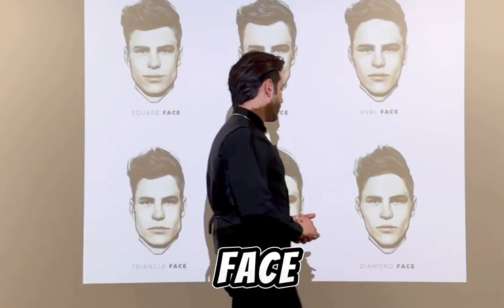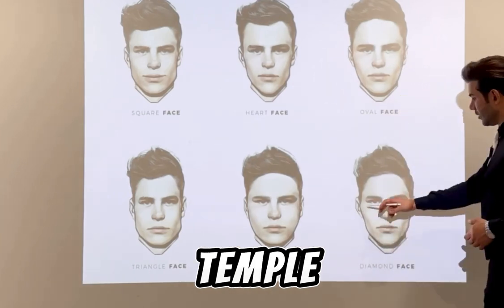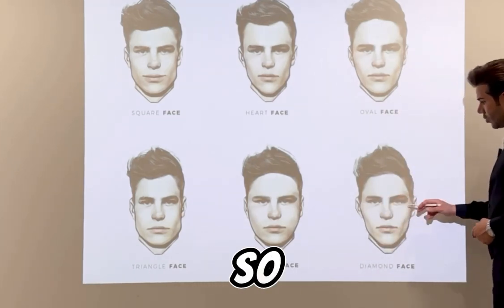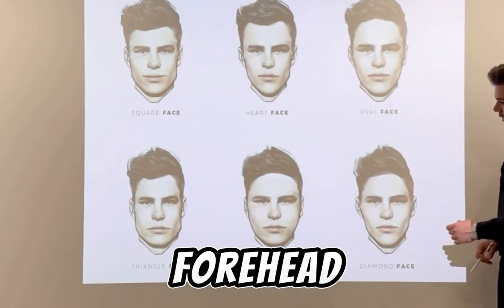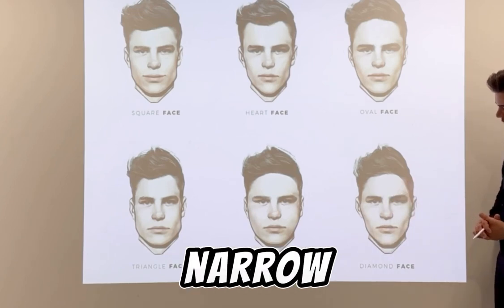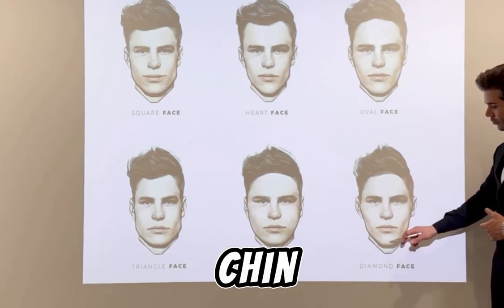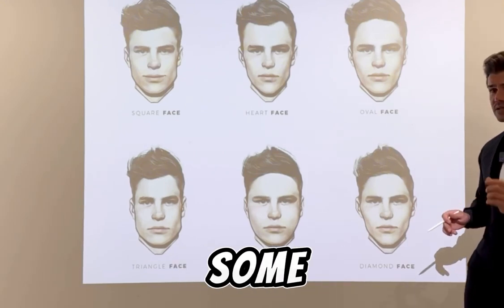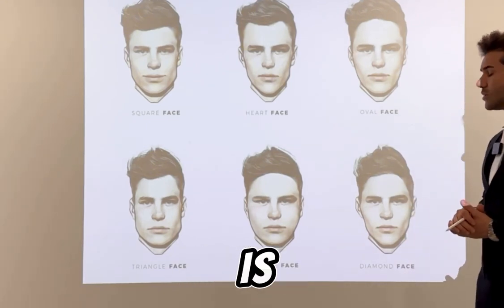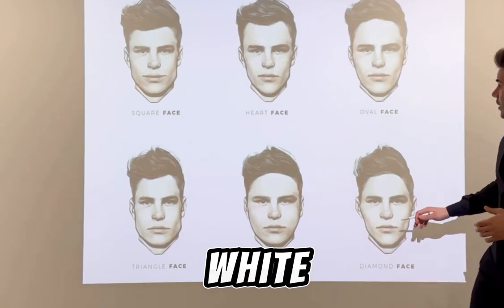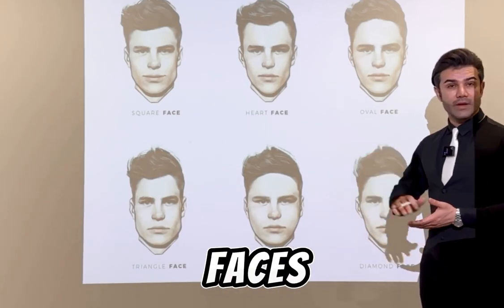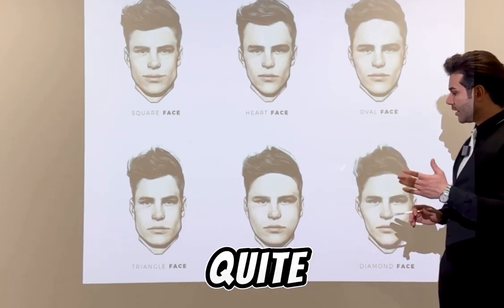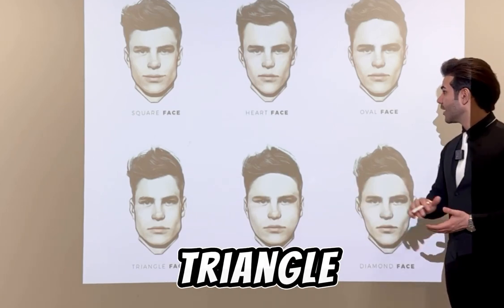And here the diamond face at the temple area is so wide. The forehead tends to be a little bit narrow, and the chin is usually different. It's difficult to explain. Some are pointy and some are wide, just a little bit. It's not as wide as square faces, but is quite close to the triangle face.